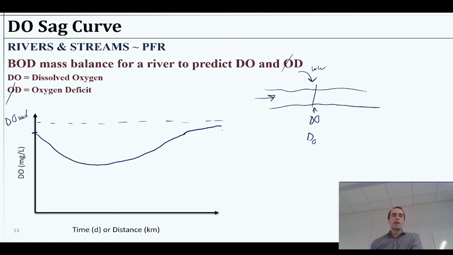But this is what it would look like. Eventually, theoretically, you could reach that. So like I said, this is kind of what we're interested in, and it could be a really bad scenario if we have a lot of wastewater where it would look more like that, right? So something like that, that's what we're looking to understand.